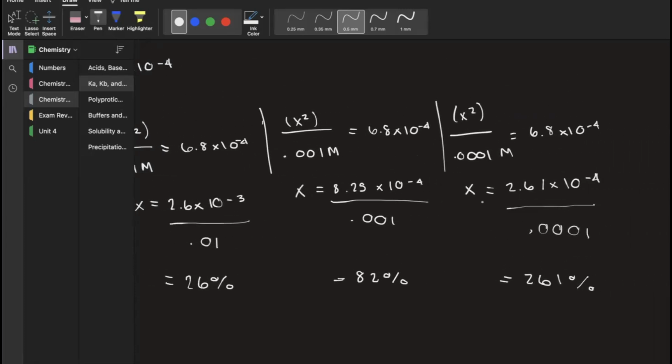We're going to notice that as the initial concentration decreases, the percent dissociation increases. So the lower the concentration, the greater the percent dissociated.